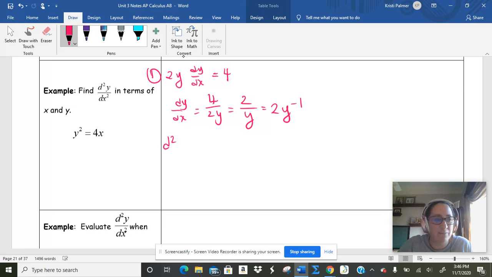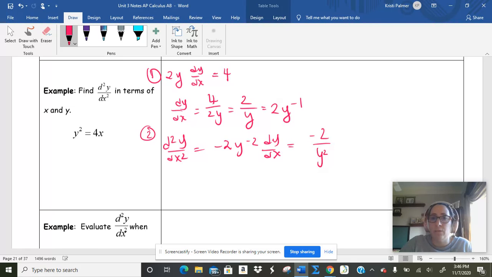Okay, so now I'm going to take my second derivative since I have the first derivative solved. So this becomes negative 2 y to the negative 2 dy/dx. So that's negative 2 over y squared, and dy/dx we already saw was 2 over y.